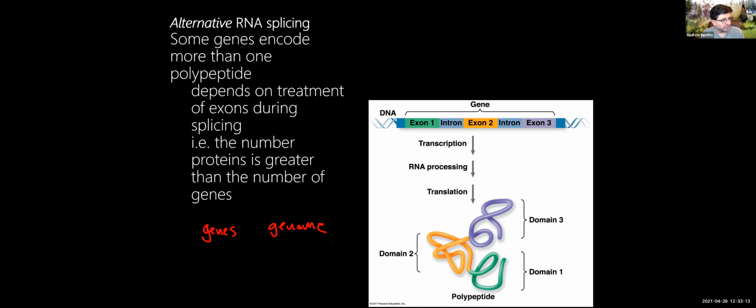So there's our genome, and then genes make proteins, and so we have what's called the proteome. The human proteome is way bigger than the human genome. We don't even know how big it is still. There's estimates. That's all we can do.